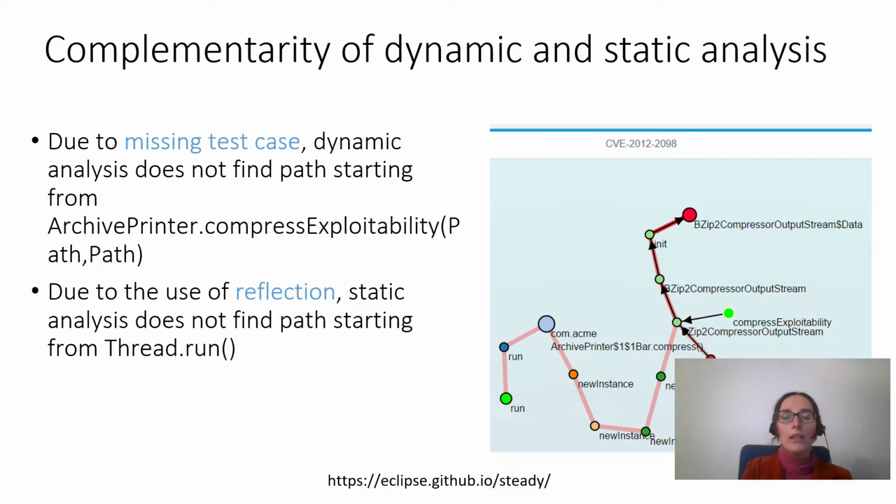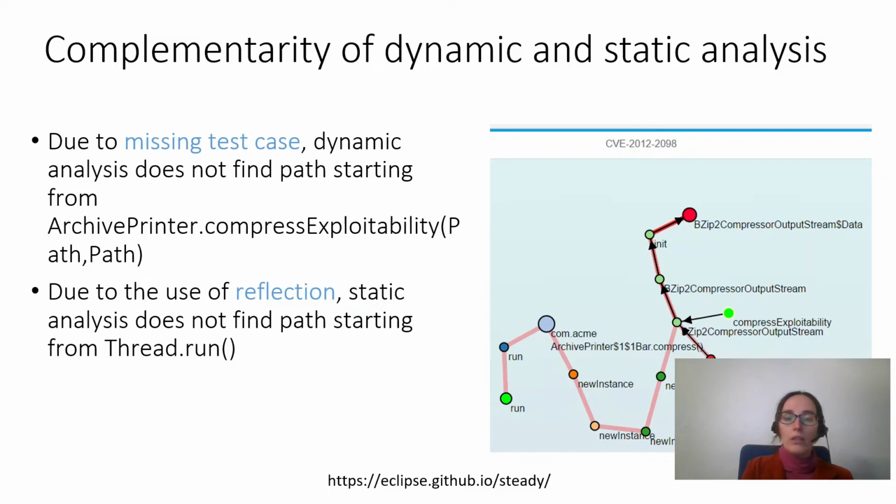As you can see, we have, for example, a path from method compress exploitability, which is only found by static analysis. And this may be due, for example, to a missing test case. And vice versa, we have also a path which is only found by dynamic analysis because it makes use of Java reflection. So the two approaches complement each other.